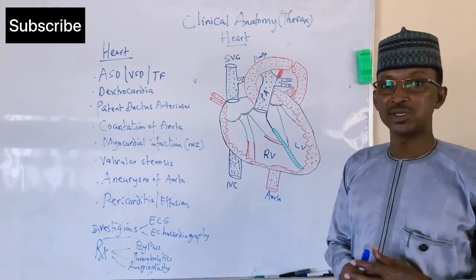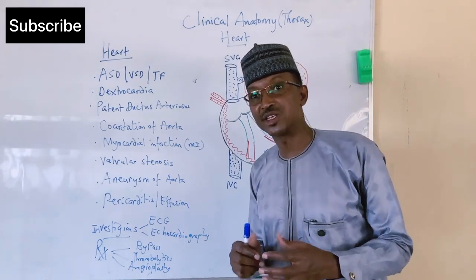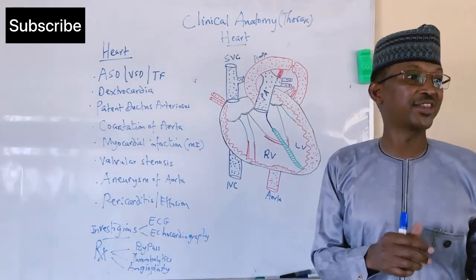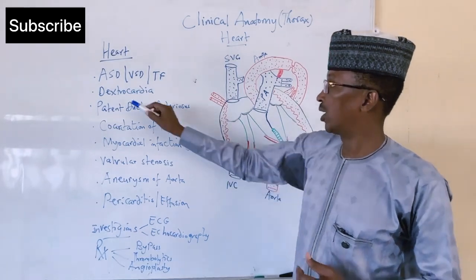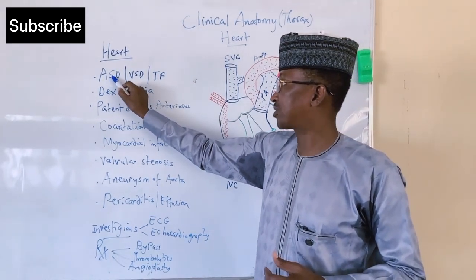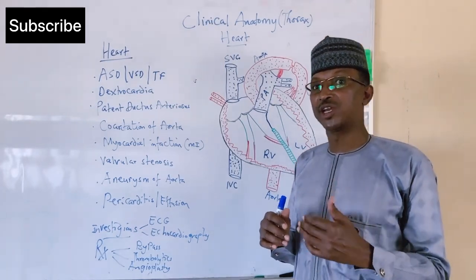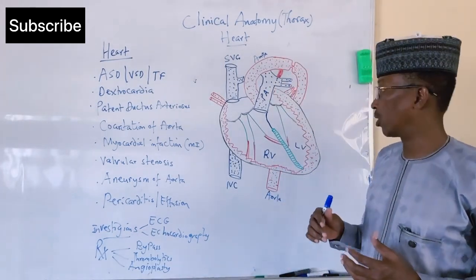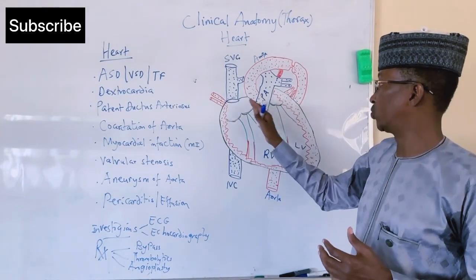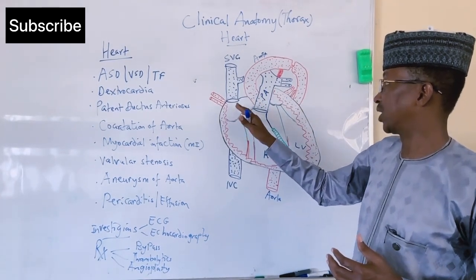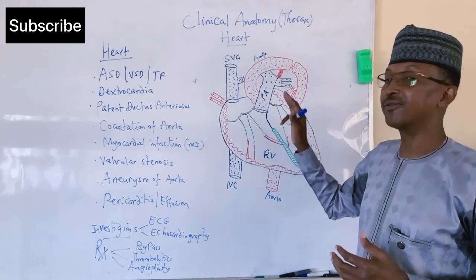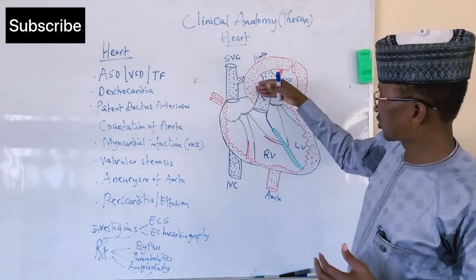Part of the congenital conditions or diseases that affect the heart is what we call atrial septal defect. You can remember that during embryonic development, the heart develops a septum between the two atria. That means between the right atrium and the left atrium. So there is a septum.